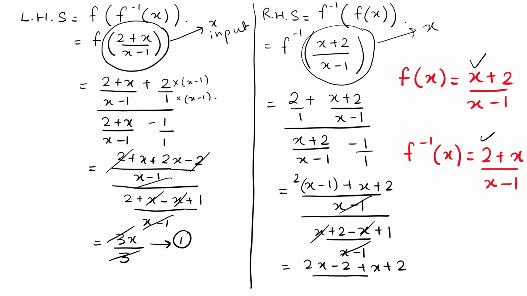After simplification, we get the same result, that is x. So from 1 and 2, left hand side and right hand side are equal.